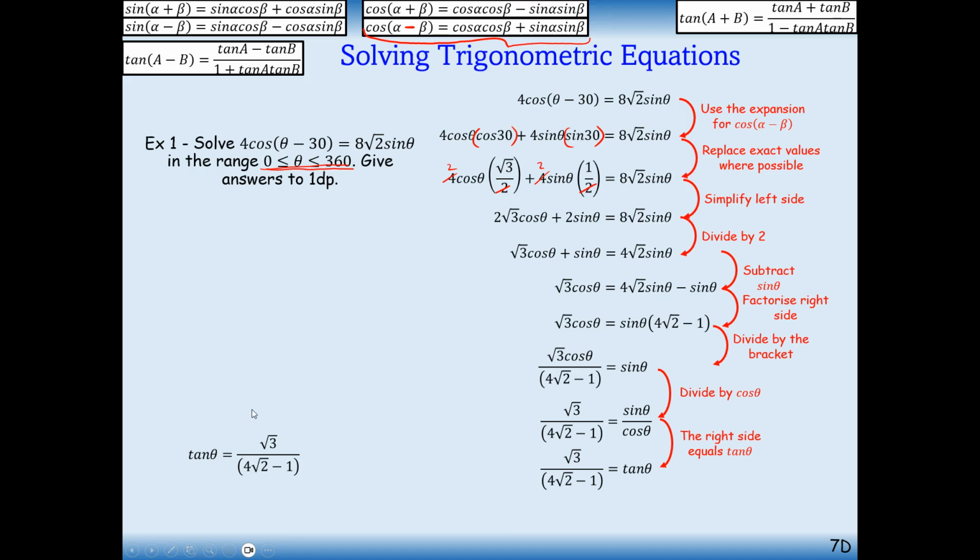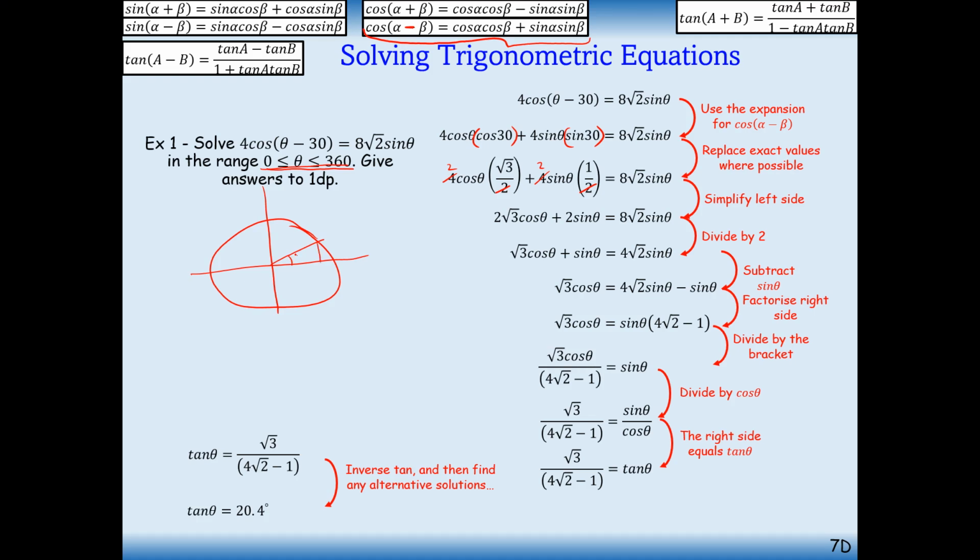So taking tan inverse of this fraction will give us one of the angles, and we can simply add 180 to 20 degrees because the tan repeats itself every 180 degrees. Our first answer is in the first quadrant, our second answer falls in the third quadrant. So adding 180 to 20.4 will leave us 204.